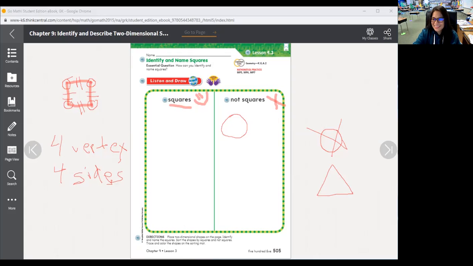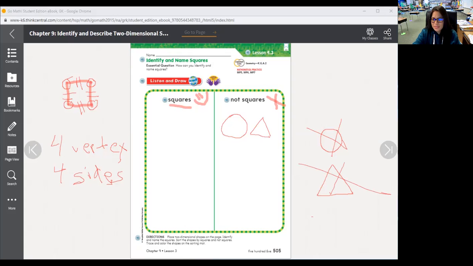That's right. It only has 3 vertex. Right. So how many sides does the square have? 4. How many vertex does the square have? 4? Right. So you are correct. So yes, we're going to draw it over here. So everybody draw a triangle because a triangle is not a square, right? It's not.